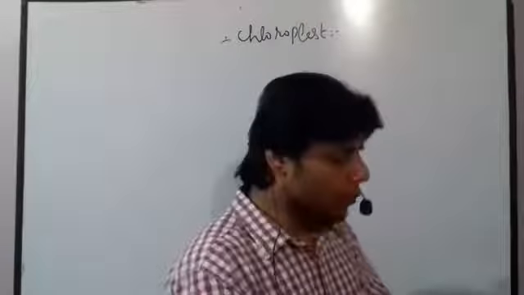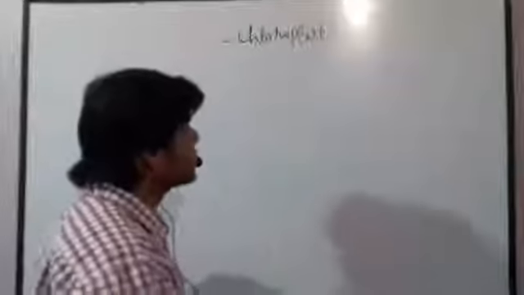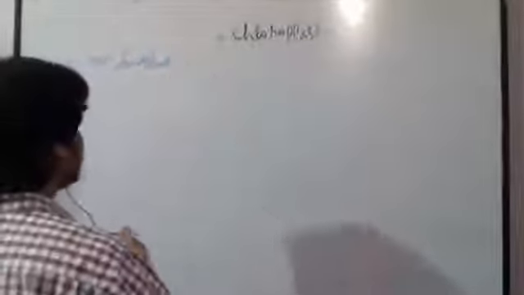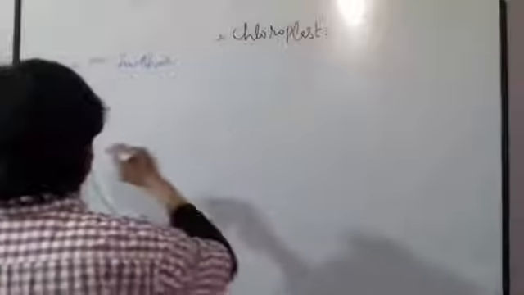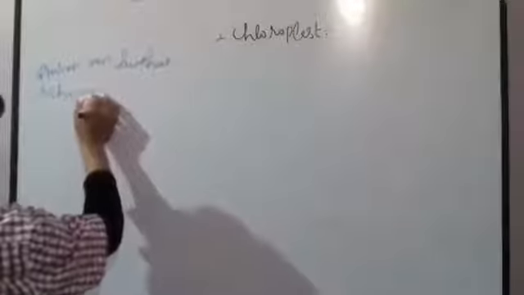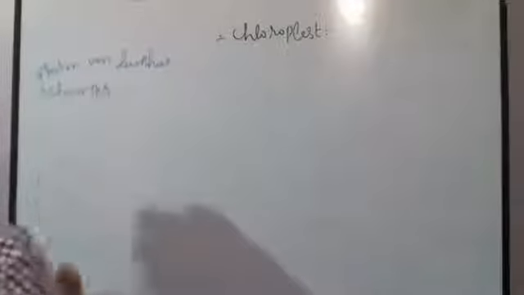One thing more, chloroplast was discovered by a scientist named Anton van Leeuwenhoek, and the name chloroplast was given by another scientist, Schimper.